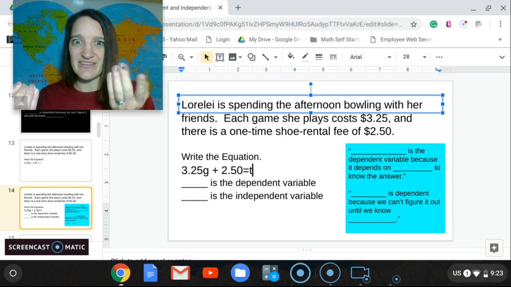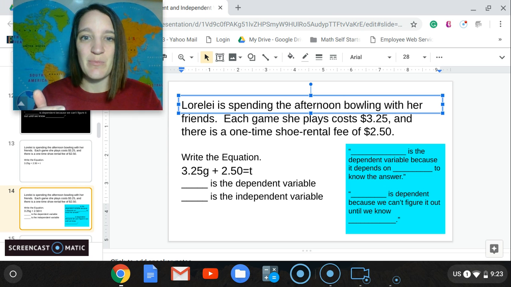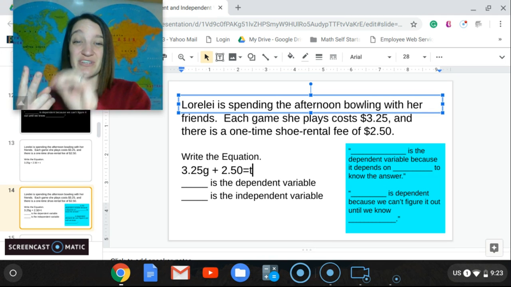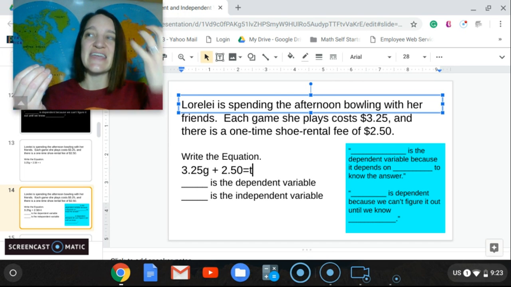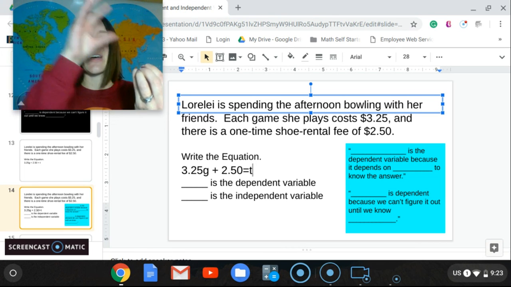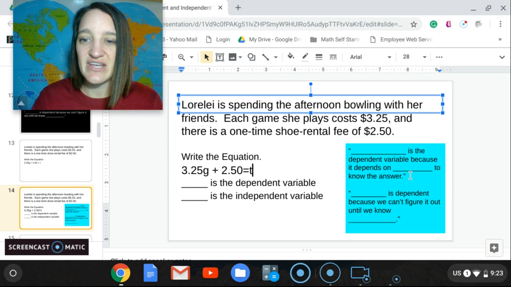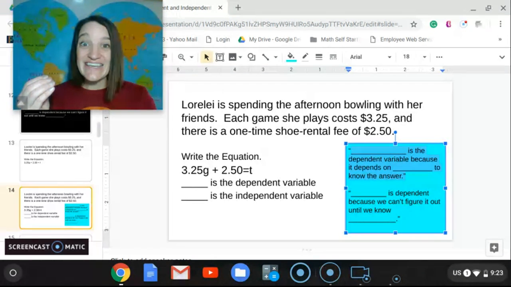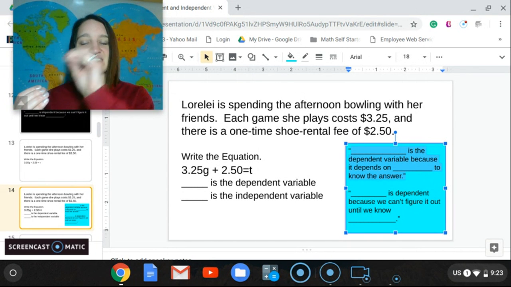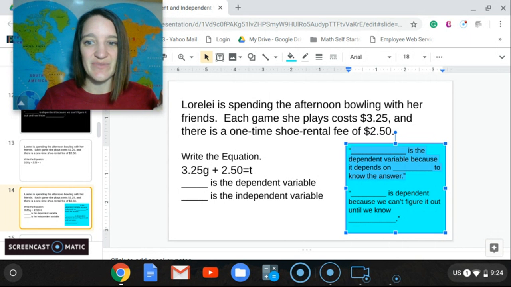games Lorelei has played. If she's only played one game, then it's just going to be $3.25. But if she's played 2 games, then it'll be 3.25 times 2, which will change your total. So every time your independent variable changes, that's going to change your dependent variable. So in this case, the total, the T, is the dependent variable because it depends on the number of games to know the answer.